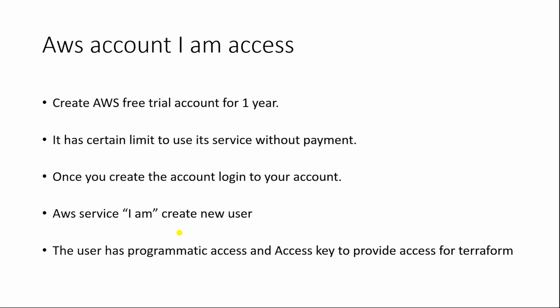We need to create one user account, and the user must have admin access to do all the activity inside the AWS account, as Terraform, as a user, is going to perform the activity inside the AWS provider account. The user has programmatic access, and while we are creating it, we will get the user access key that we can use in the Terraform code.